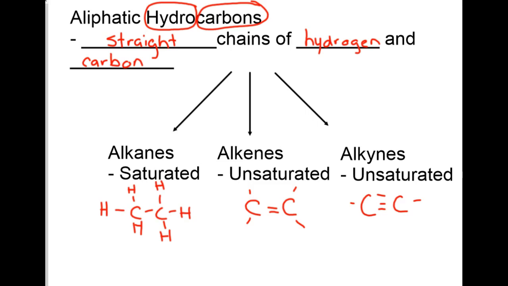Do you remember which one's healthier for us? Saturated or unsaturated fats? Which one's healthier? Unsaturated. It takes more energy for the body to break those double bonds and use that fatty acid than to use a saturated fat.